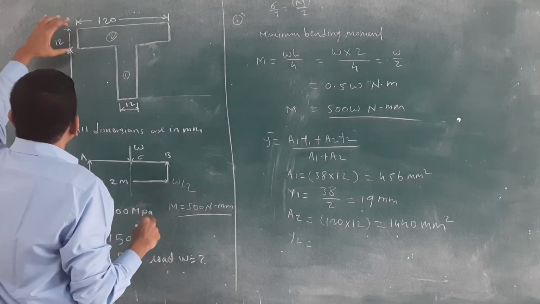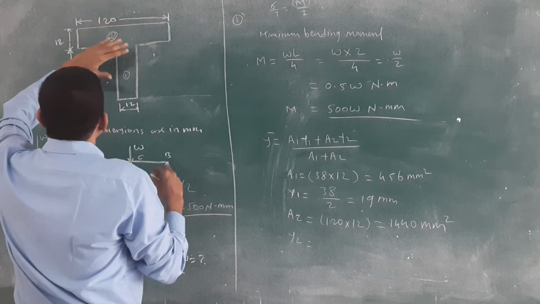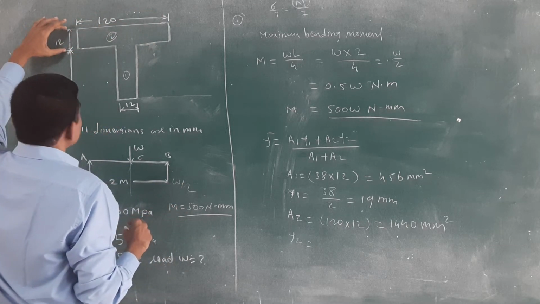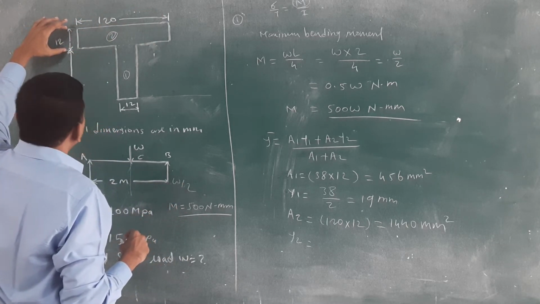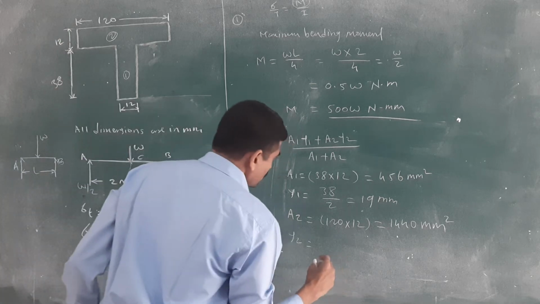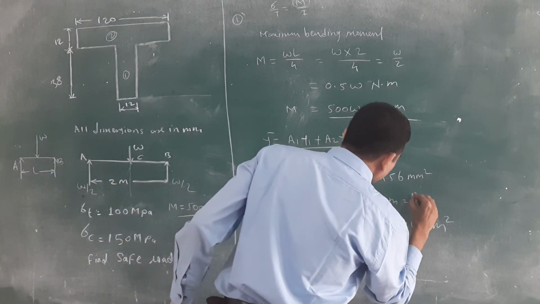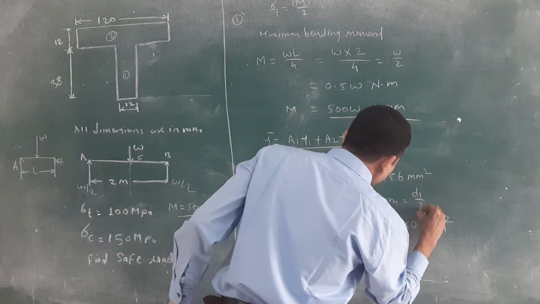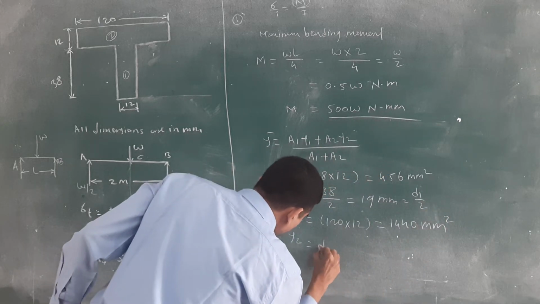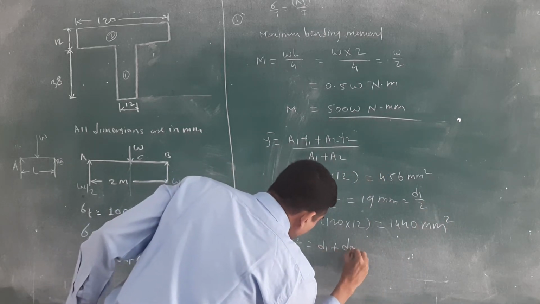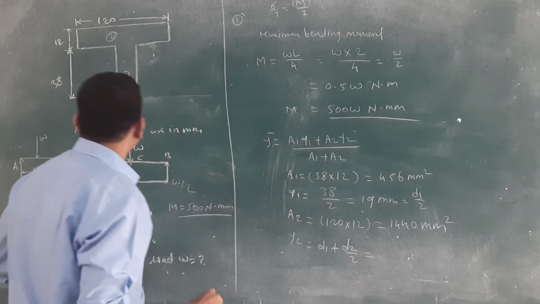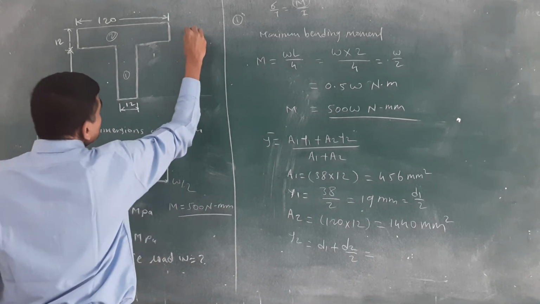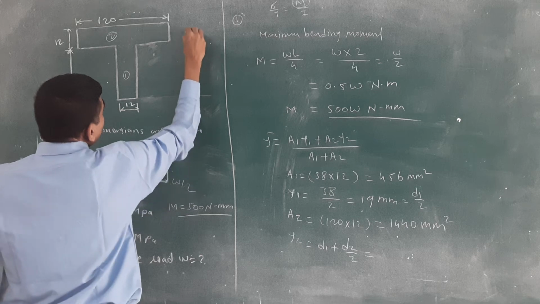What is the centroid of that depth 12? 12 divided by 2. Remember or note down this formula: d1 plus d2 by 2. I will mark this distance here.